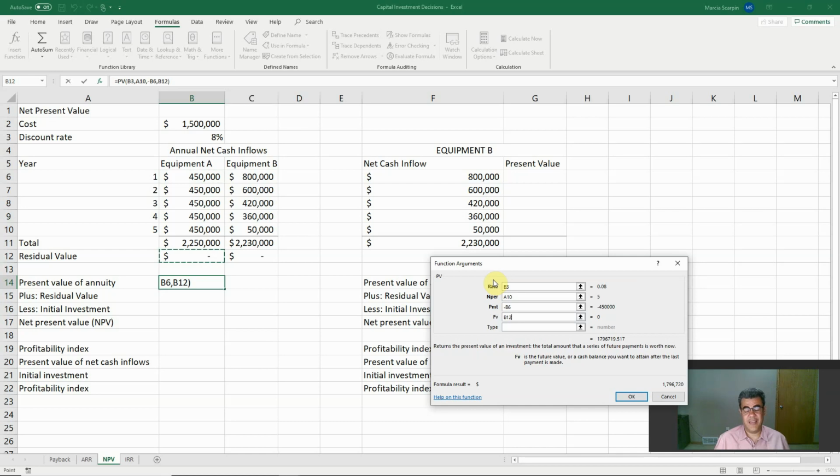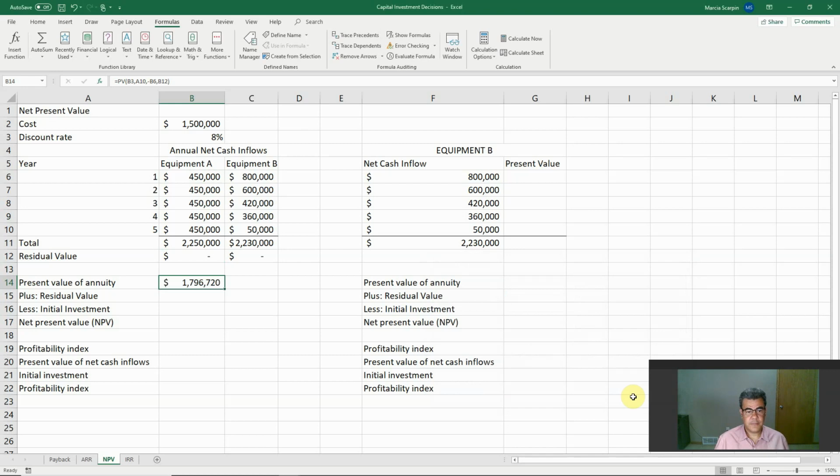And then if you type a number here, it is easier. And type, we leave it blank. So here, the present value of the annuity is almost 1.8 million, sorry. Plus residual value. We have no residual value here.